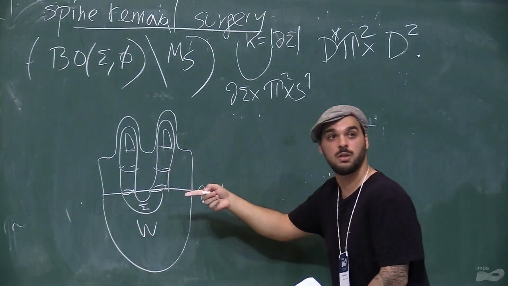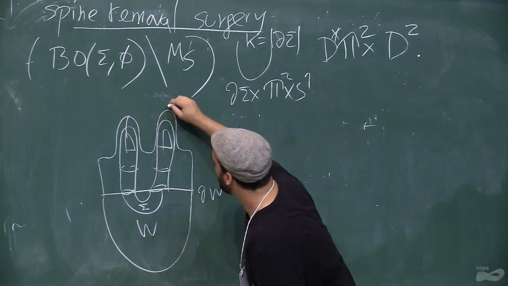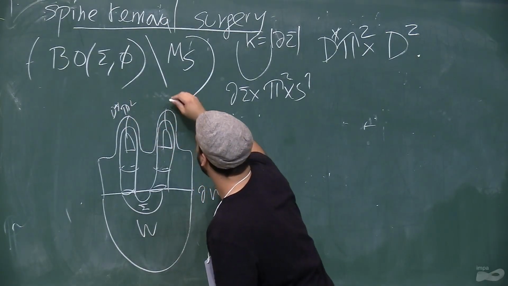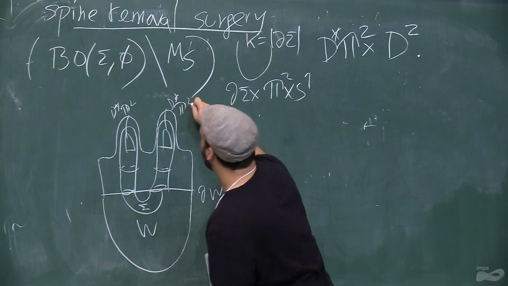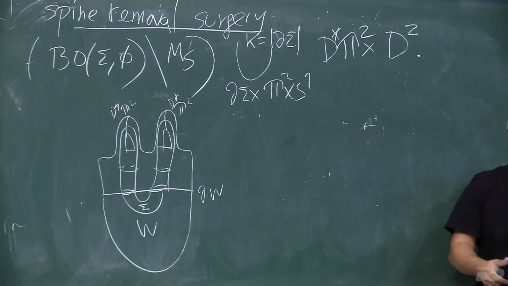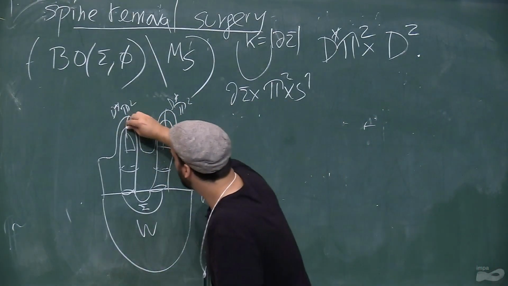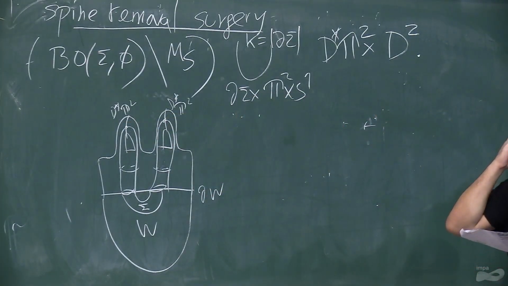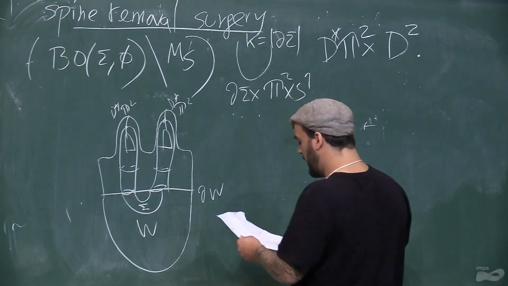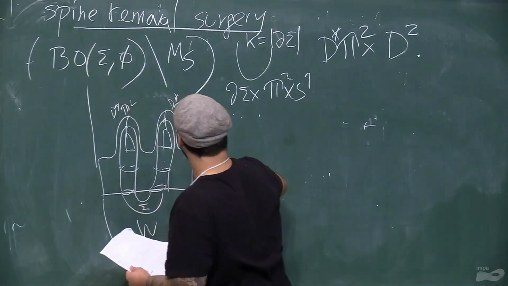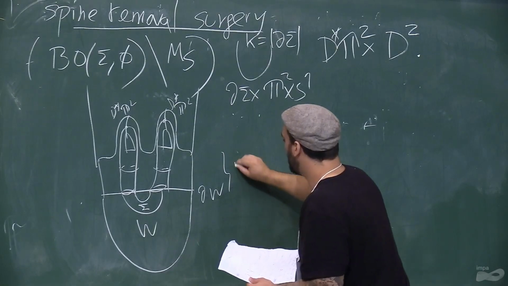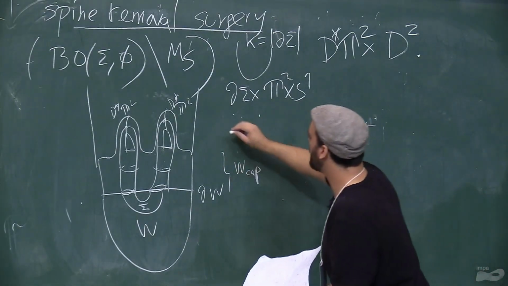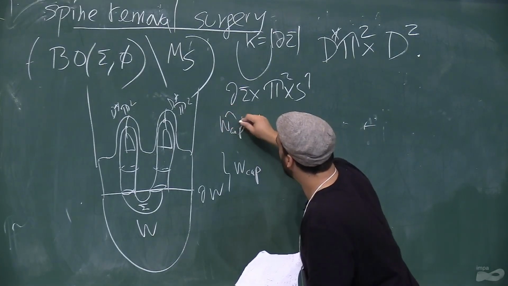So you see a sphere, and it intersects the cocore precisely once. And the cocore is a copy of D star T2, and we have as many as boundary components of the page. So this is a transverse intersection, and both of them can be made holomorphic. So now you complete this whole thing. This is what we call W cap. So this is a capped cobordism, and then we complete the capped cobordism, and we get a completed guy.